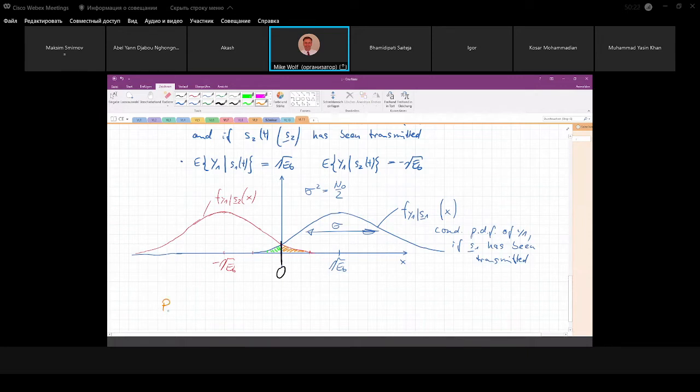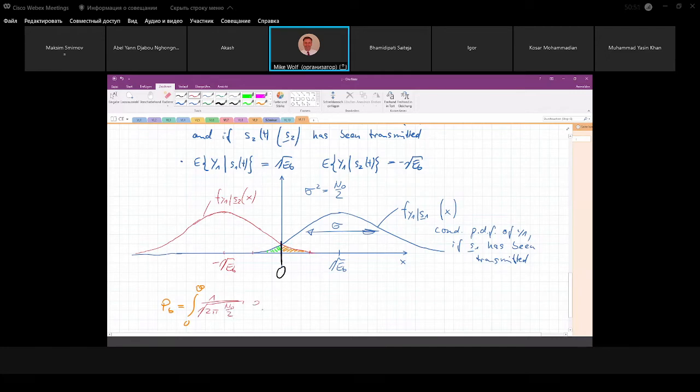Let's say we have the optimum threshold. Integrate from 0 to infinity. It's exactly this area; this green area is the same. And just insert the probability density function. So this red one, 1 by square root of 2 pi, and then the noise variance, and this noise variance is N0/2 in our case.